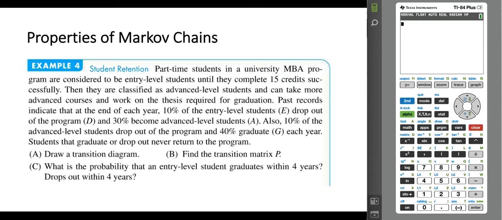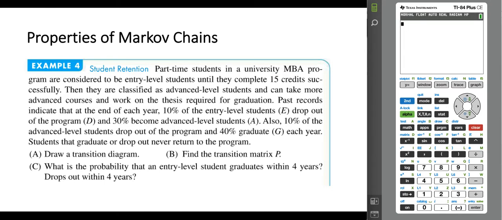Past records indicate that at the end of each year, 10% of the entry-level students, E, drop out of the program, D, and 30% become advanced level students, A. Also, 10% of the advanced level students drop out of the program and 40% graduate, G, each year. Students that graduate or drop out never return to the program.